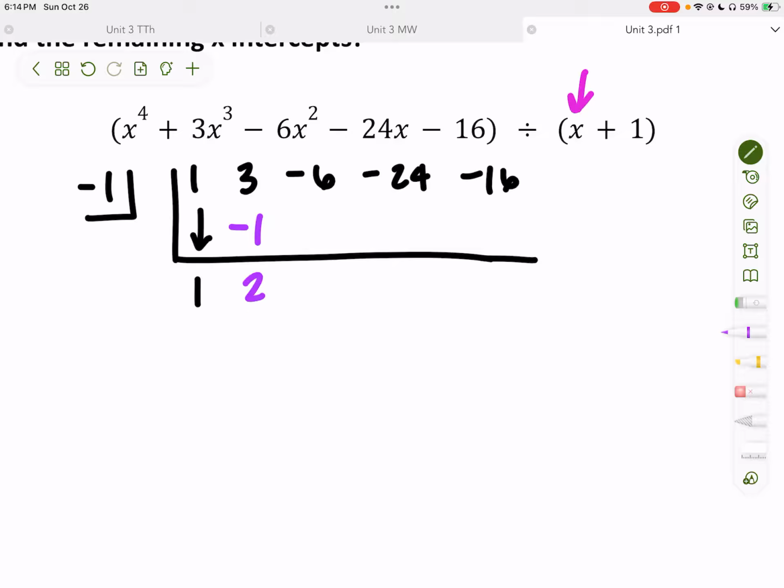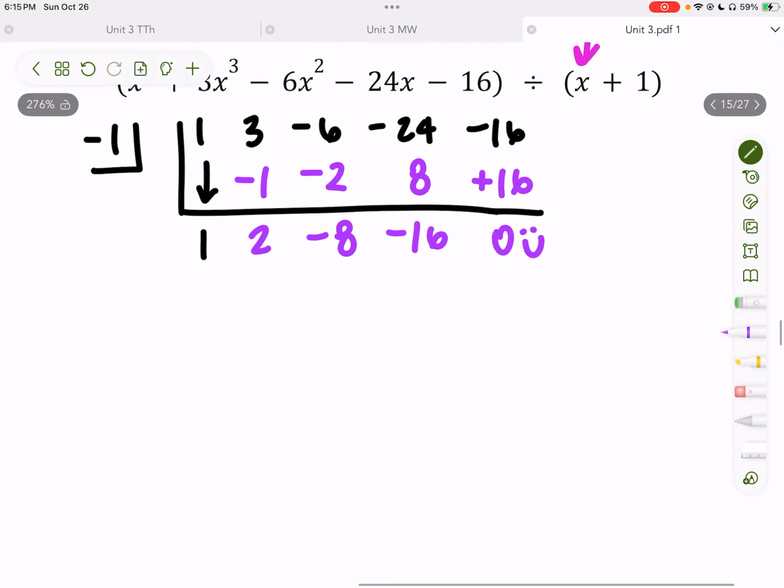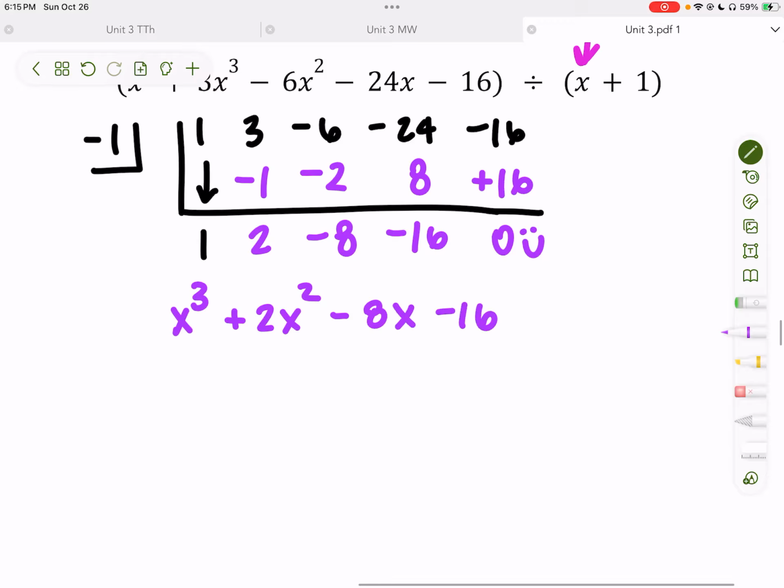Now multiply again. Now we have -8, and then a +8, and then a +16, which gets us 0. So now we have x cubed plus 2x squared minus 8x minus 16. All of that is multiplied by the original thing that we divided by, x plus 1.